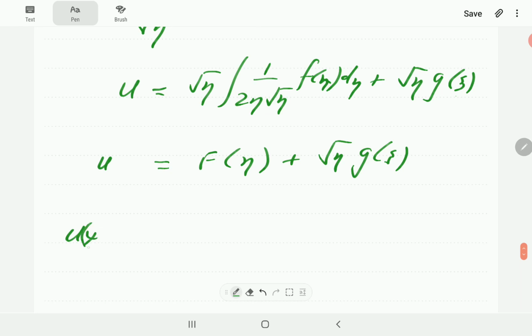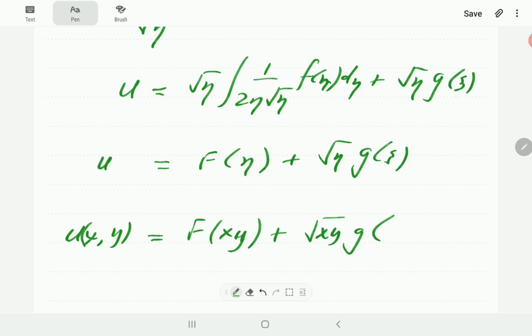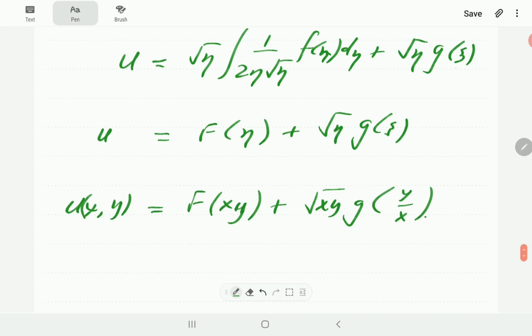In terms of x and y, this is f of xy, with eta being xy, square root of xy here, and then xi is y over x. So this is going to be our final solution.